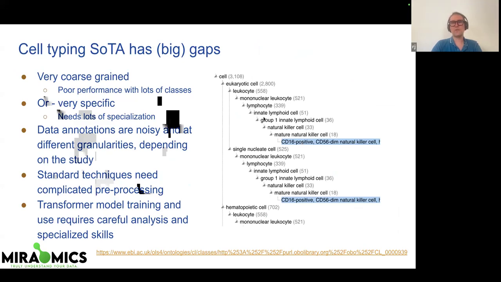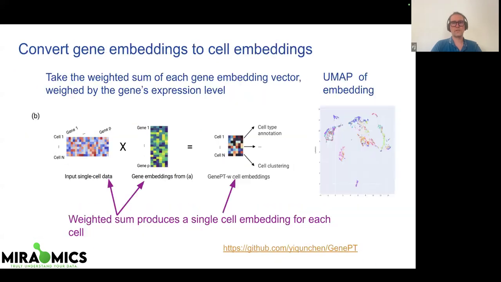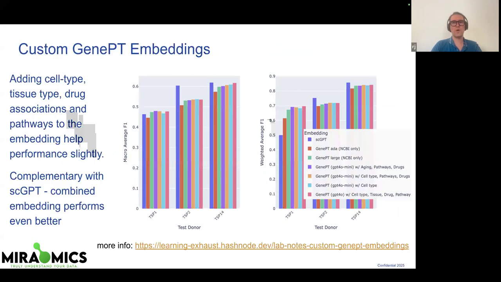If you have some cell types here and some cell types here, even if you're correct, you might get it, quote unquote, wrong. So the F1 score doesn't work super well for broad data sets, but it works well for the data set I'm using to test here, because in that Tabula Sapiens data set, all of the cell types are at the same level in the hierarchy. Does that make sense? Yeah.